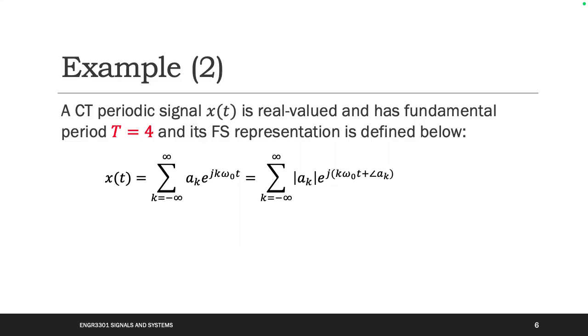As the t changes, this is a frequency change, am I right? It's similar to an angle change. And then if you add alpha_k, this is just some angle, the phase shift. Am I right? Okay, that makes sense to you?